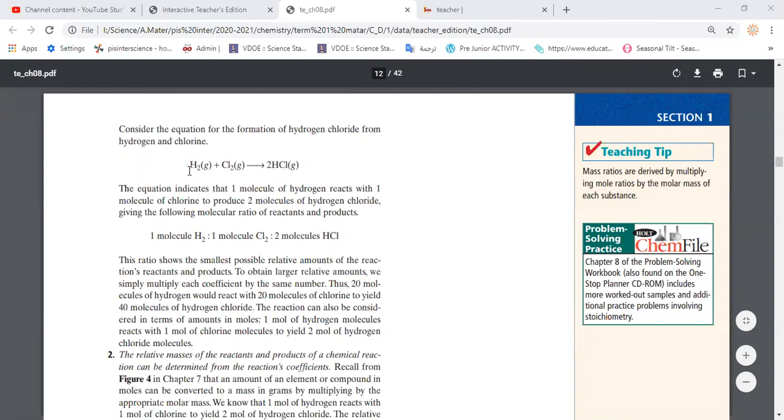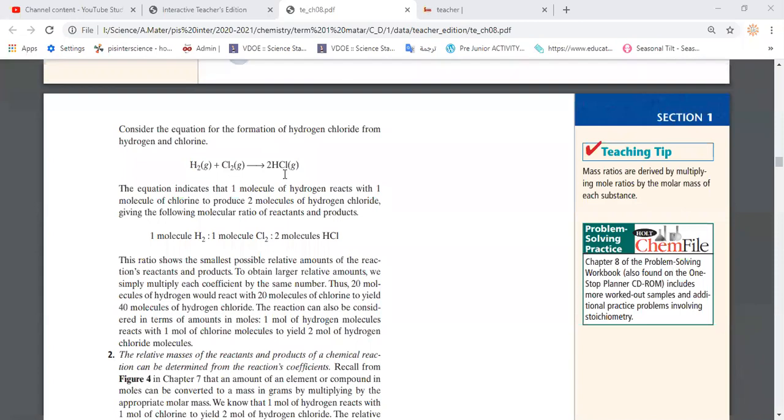So here I get the ratio: each molecule of hydrogen reacts with 1 molecule of chlorine, so the ratio is 1 to 1. 1 hydrogen molecule could produce 2 molecules of hydrochloric acid, and 1 molecule of chlorine is needed to create 2 moles of hydrogen chloride. So here it represents the ratio, or the amount needed to make a reaction. Is it clear, guys?